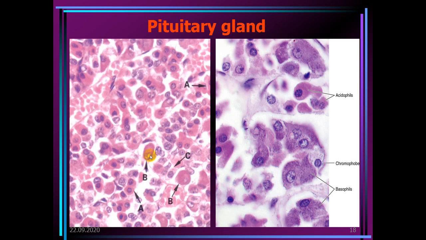In these cells, the nucleus is located acentrically. Now, for example, here are basophils. You see blue granules in the cytoplasm and an acentric nucleus. It is gonadotrophs. But if the nucleus is in the center of the cell, like here, it may be thyrotrophs or somatotrophs.